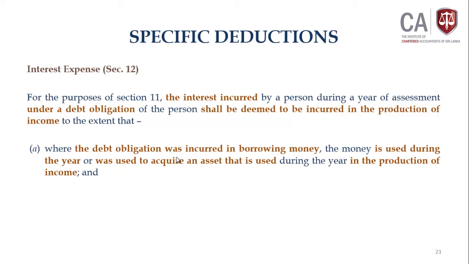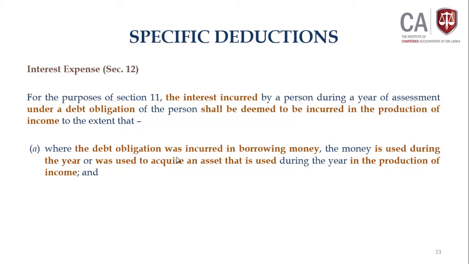For example, if you incur interest on a loan, and the loan is obtained to acquire an asset either in the current year or in the previous year, but the asset should be put into use for the production of income. That is very important. The loan is obtained to acquire an asset, the asset is used for business purposes, then the relevant interest on the loan you can claim as incurred in the production of income.